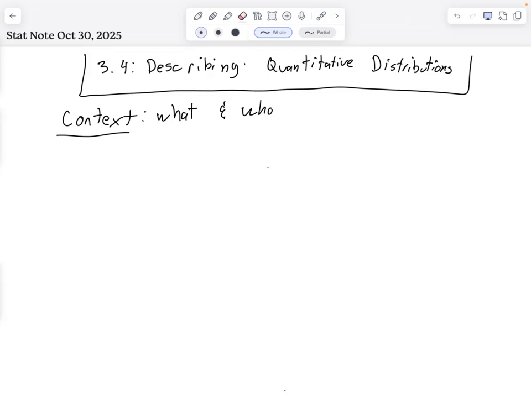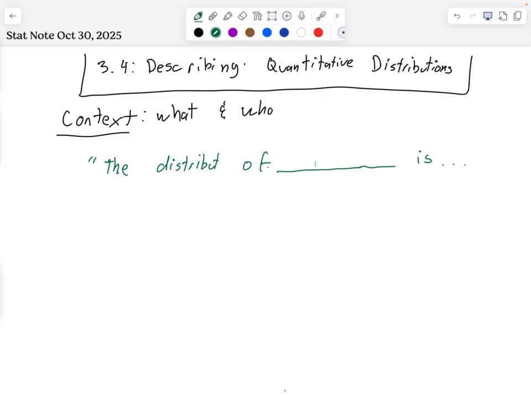But basically, the first sentence that you're going to write is: the distribution of blank is... Okay, so now inside this blank is the what and the who. So this is the what and who there, if it's available. So the distribution of number of siblings for stat students, for example, when we were talking about that.